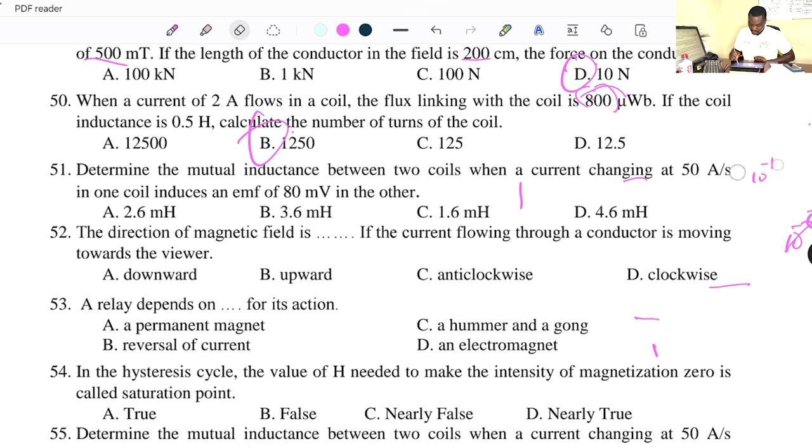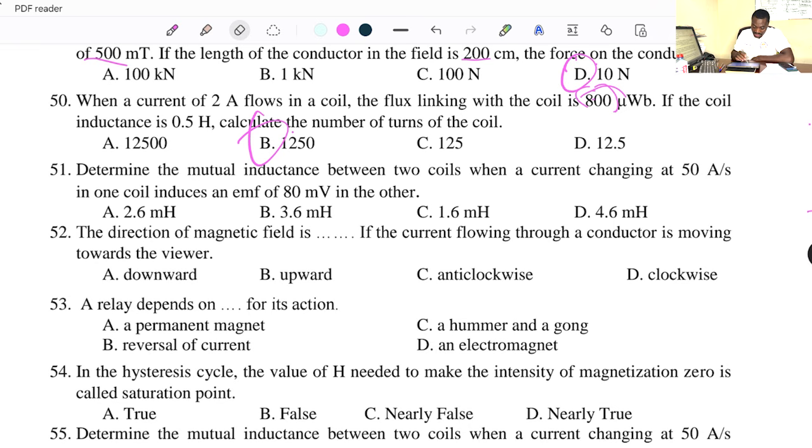So moving to question 51. Determine the mutual inductance between two coils when a current of 5 amps per second in one coil gives an EMF of 80 millivolts in the other. So here, what you're interested in is the mutual inductance. Again, this is a positive magnitude of induced EMF.